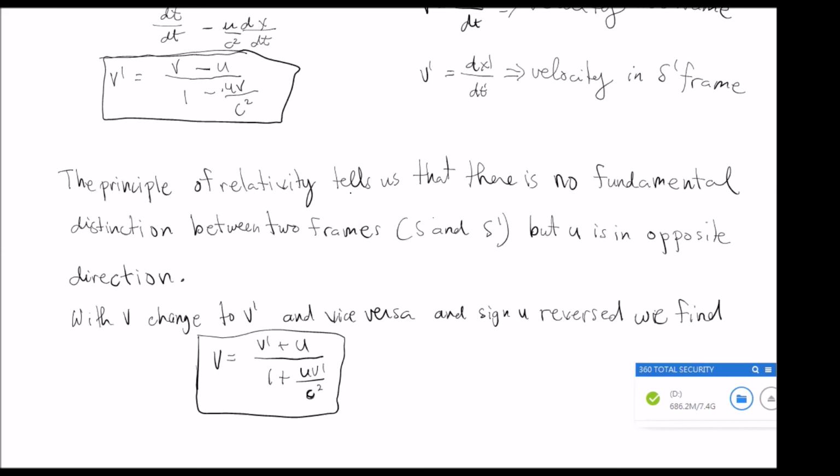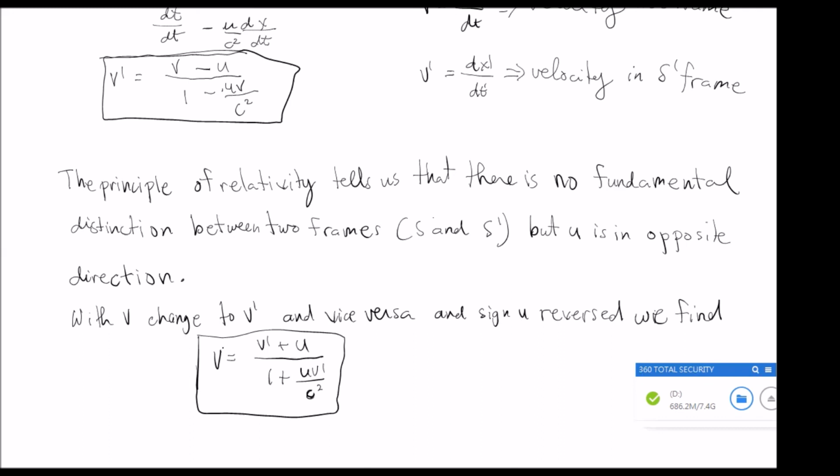The principle of relativity tells us that there is no fundamental distinction between the two frames, S and S prime, except that u is in the opposite direction. So V changes to V prime and vice versa, and we reverse u. Looking at this equation, V prime equals V minus u over 1 minus uV over c squared, then the speed observed by the rest frame, the S frame, will be equal to V prime plus u over 1 plus uV prime over c squared.